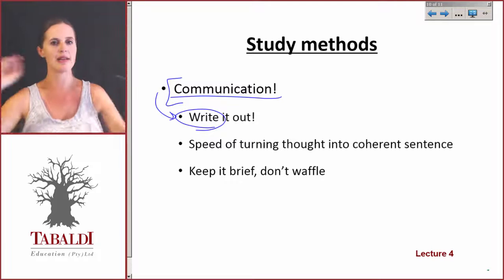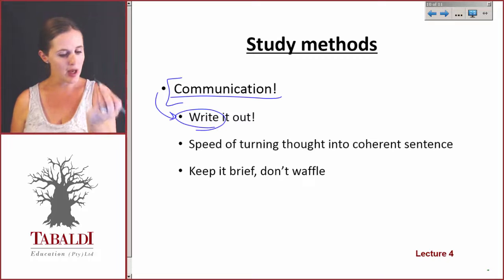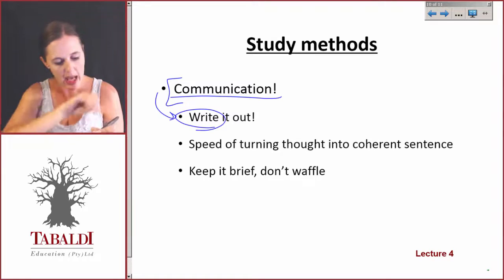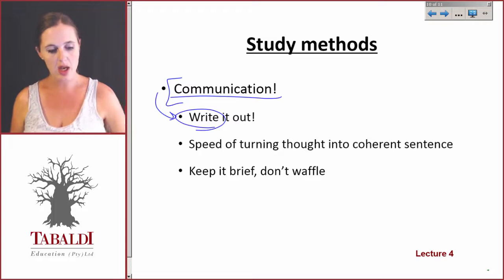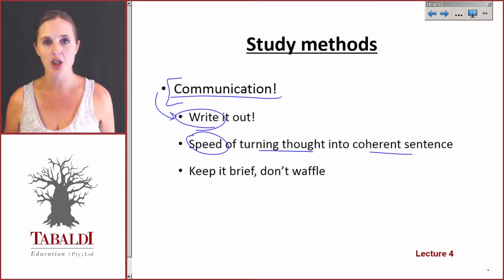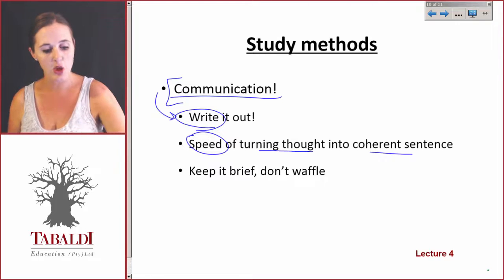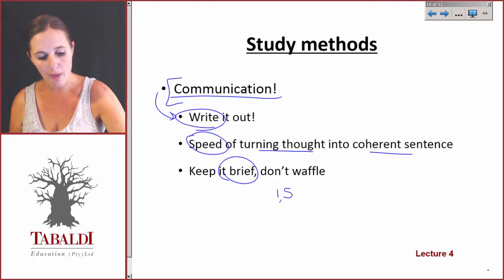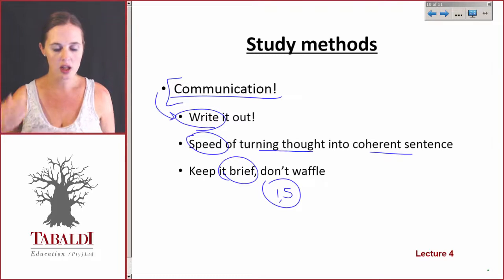There's a little there, there's a little there, there's a little there, but you only have one pen and one word after each other. You've got to take this from there, that from there, that from there, and it's all got to come out in one sentence. And that takes time, right? You've got to turn your thoughts and your knowledge into a coherent sentence, and you want to keep it brief. You don't waffle. You get 1.5 marks for every point that you write, depending on how theoretical or application based it is.